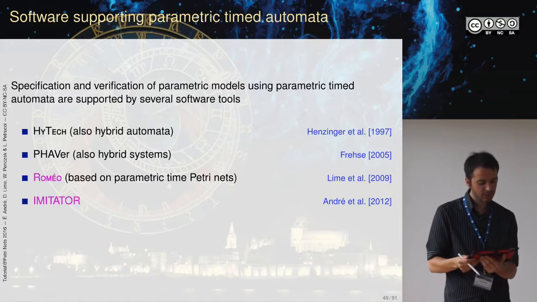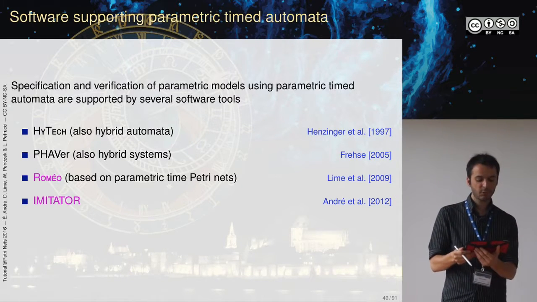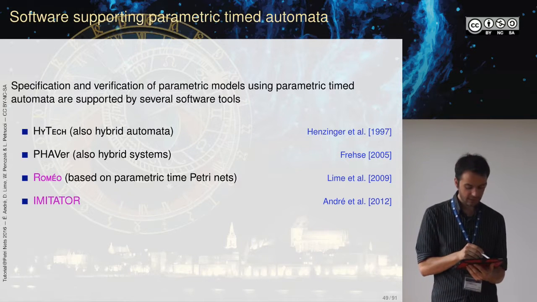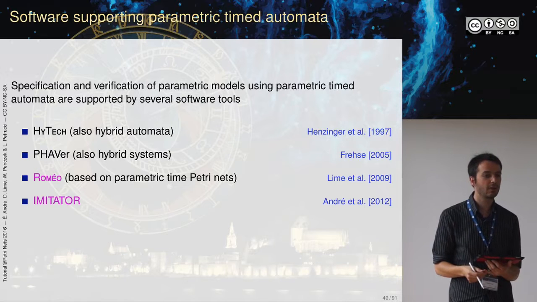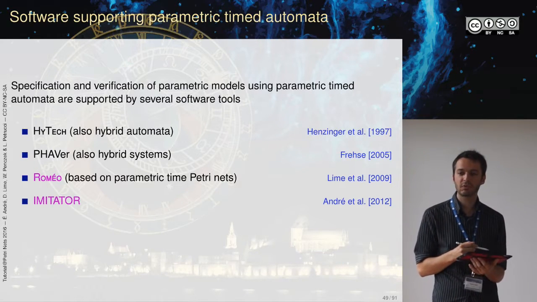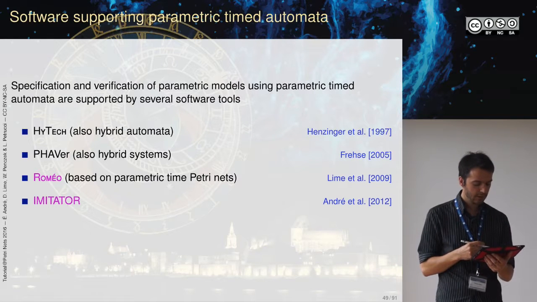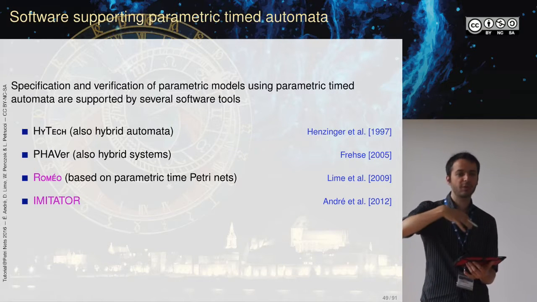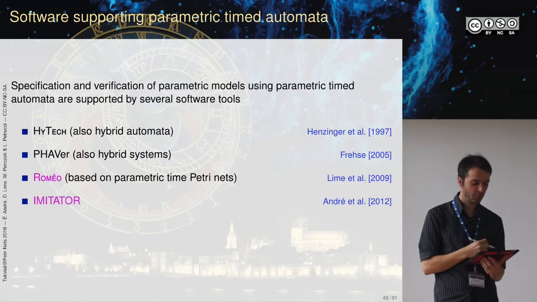Before concluding this session, a few words about software supporting parametric timed automata. The first software was HyTech, designed by Henzinger in the mid-90s. It was actually more powerful than parametric timed automata because it was a model checker for hybrid automata with parameters. Hybrid automata are a larger class than timed automata.